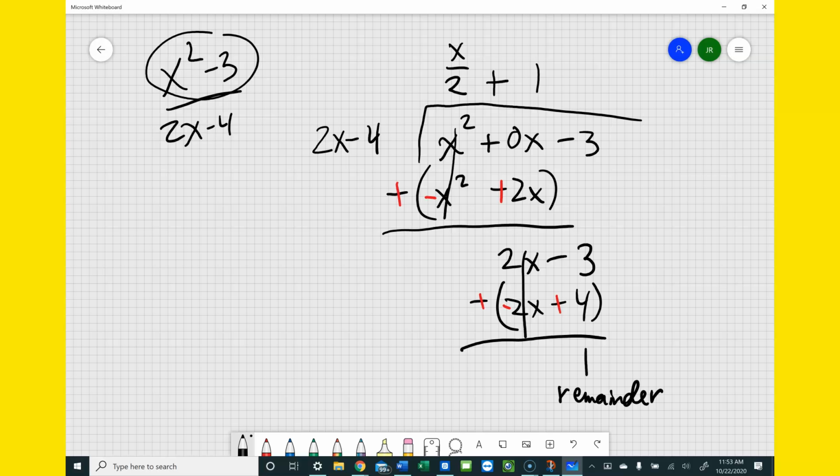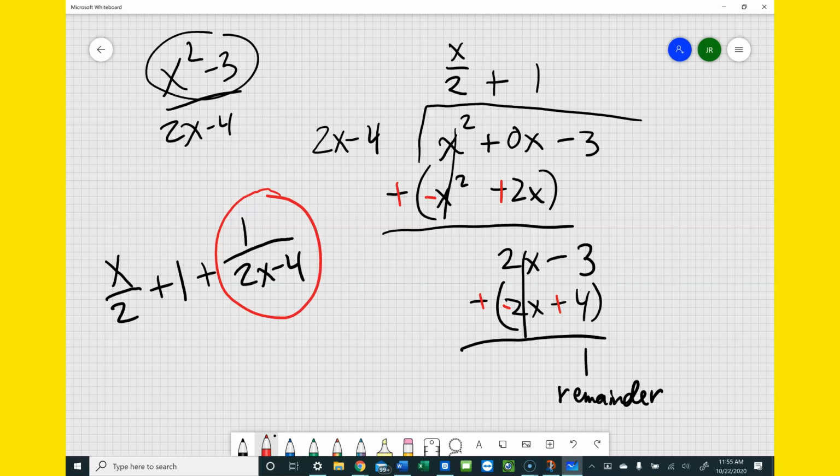So then my final answer will be x over 2 plus 1 plus 1 over 2x minus 4. Right, because anytime you have a remainder, you can just put that remainder over the thing you're dividing by. This term here, though, if we think about this remainder term as x grows increasingly large, this bottom part is getting really, really large, which makes this whole term go away.